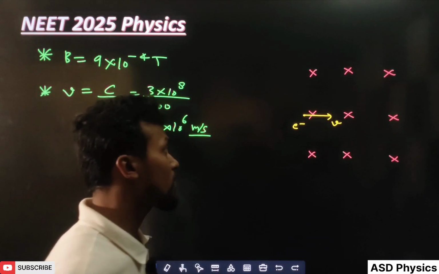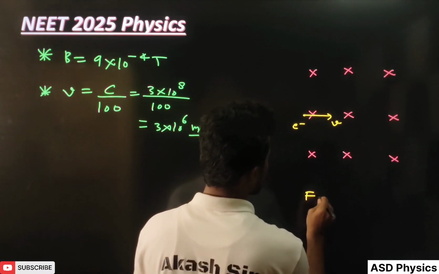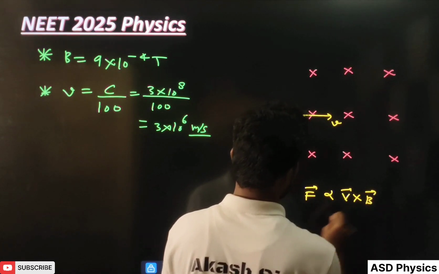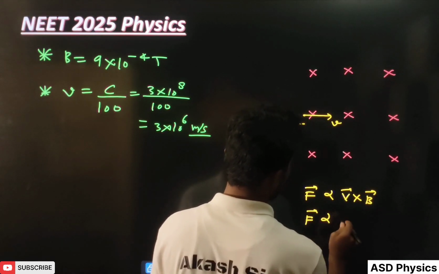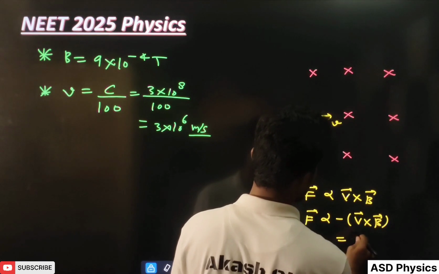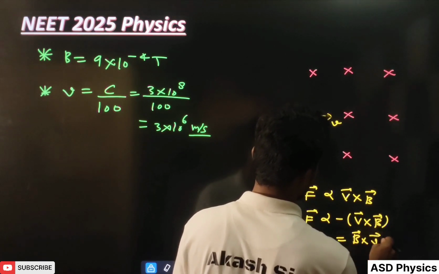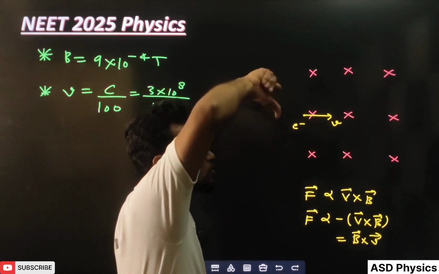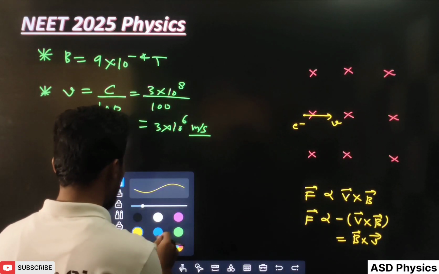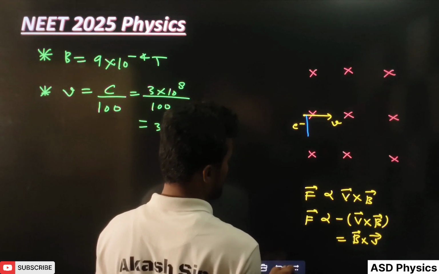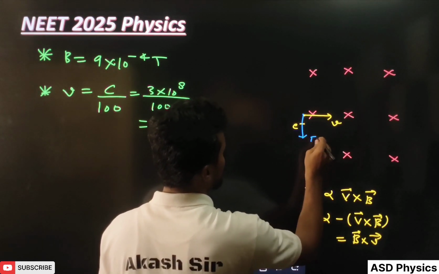For a positive charge, the force acts along the direction of v cross B. For a negative charge, the force acts along the direction of minus of v cross B, because of the negative charge, or we can say B cross v. Because of B cross v, with B inside and v this side, the magnetic force will act in this direction. This is the magnetic force direction.